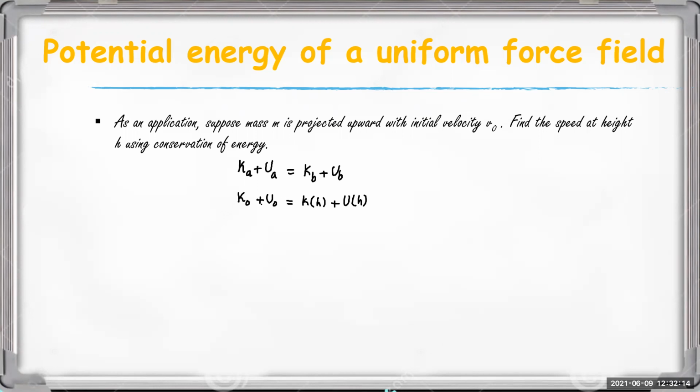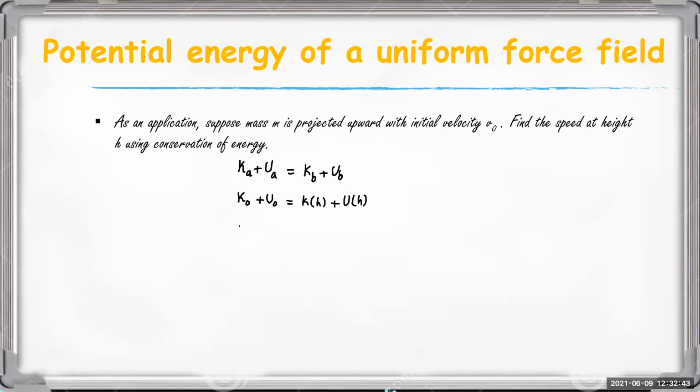Here, consider the expression. The initial velocity is given as v0, and we have taken the potential energy to be 0 at the ground level, and the potential energy at a height is mgh.